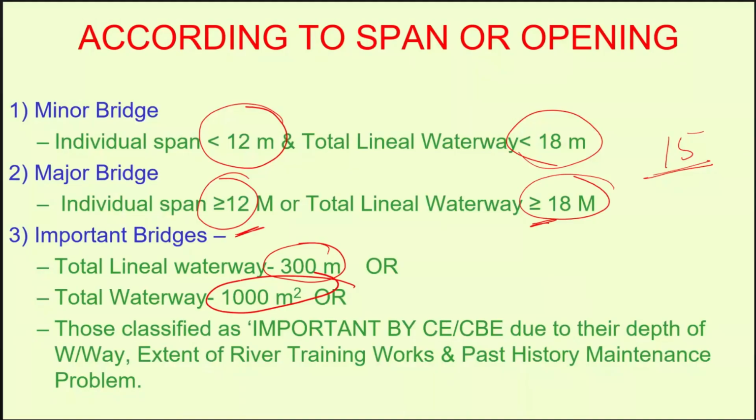There is a third category of important bridges: those which are classified as important by CE or CBE due to their depth, waterway, extent of river training work, past history of maintenance. Means those bridges having a problematic past, we try to classify them as important bridges because their failure may cause large traffic disruption.